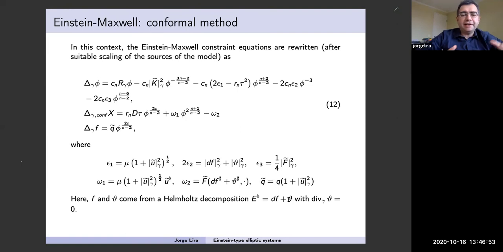So we have plenty of data coming from the physical and geometric information we have, and the variables which are phi, X, and f. That is the system we have to consider.